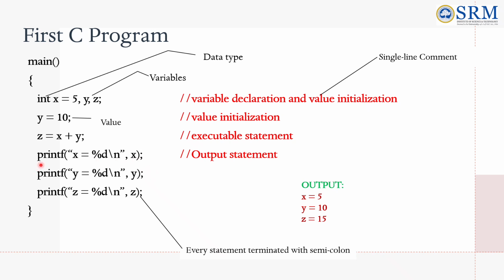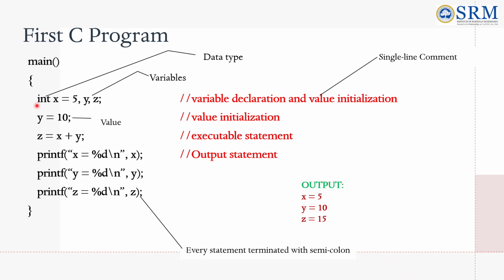We all know that a function is one which has a function name followed by parenthesis. You could see some text in red color which is preceded by double forward slash. Those are called single line comment statements. They are ignored by the compiler from execution. These comment statements are used wherever necessary to improve readability and understandability.